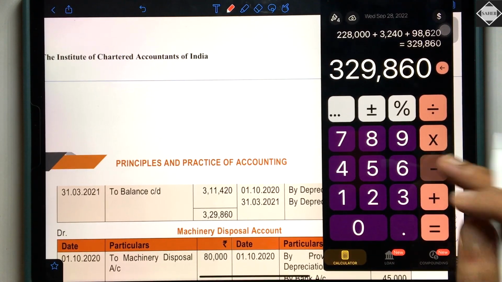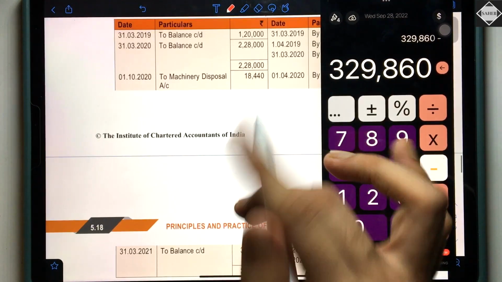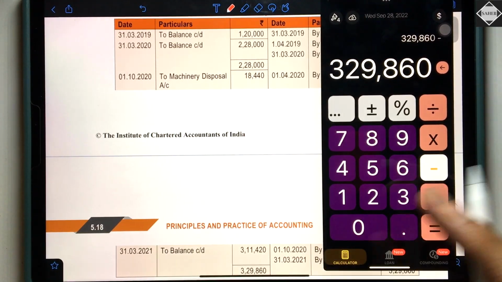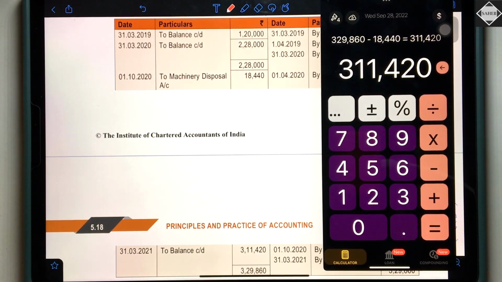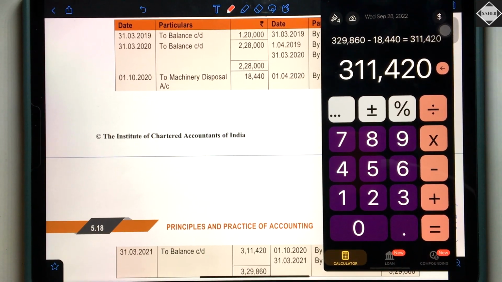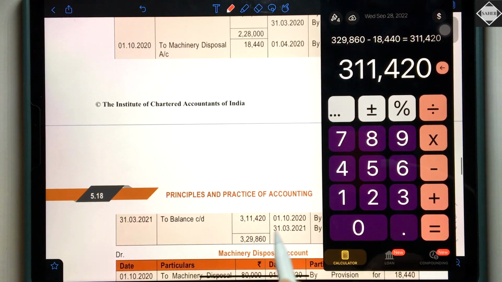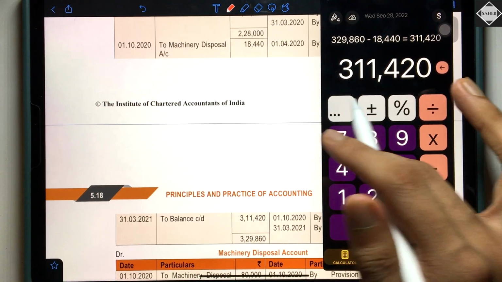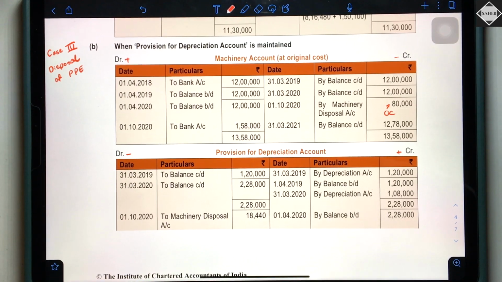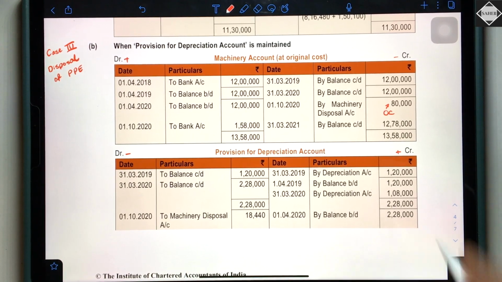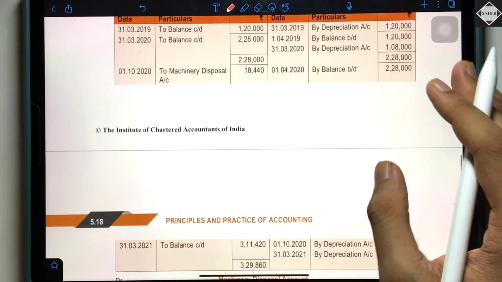Now subtract the one thing which you have over here, machinery disposal, 18,440, so that gives you 3,11,420. So that's the closing balance of provision for depreciation account. Is it clear? Simple and straightforward. You understood now how it's happening. Machinery account is over, provision for depreciation account is over.